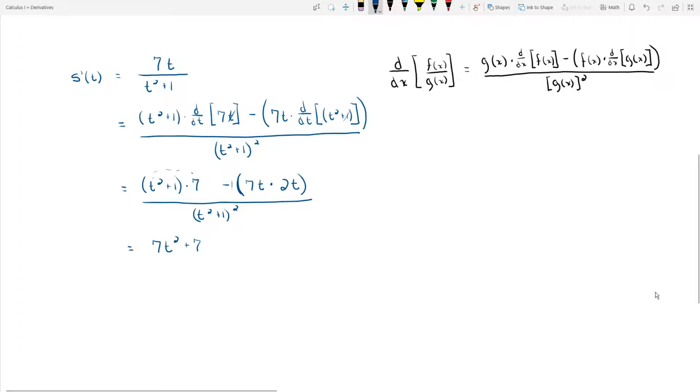I've carried this through, so that product of 7 times t squared plus 1 is now just 7t squared plus 7 minus, and here we have 7t times 2t, and that's going to give us 14t, and then I carry that negative through, and of course I end up with simply negative 14t. That is over our denominator squared.